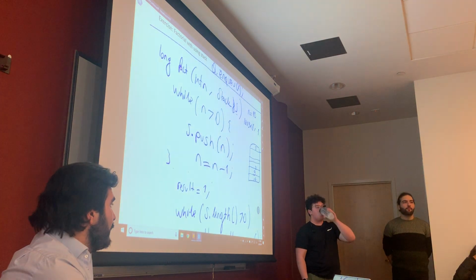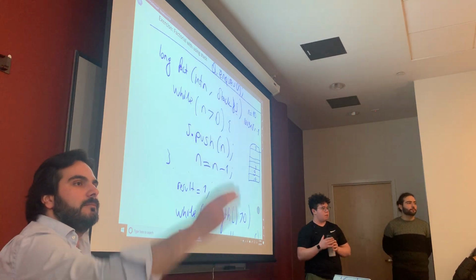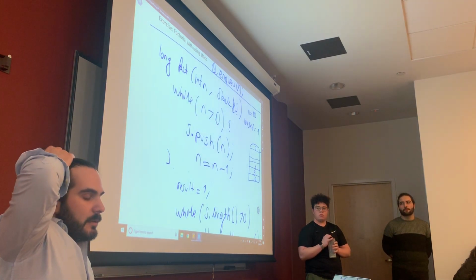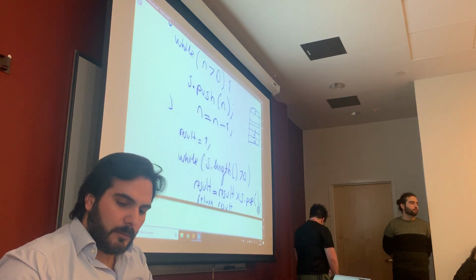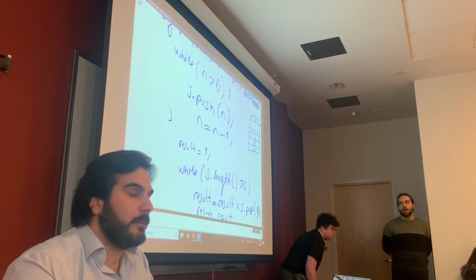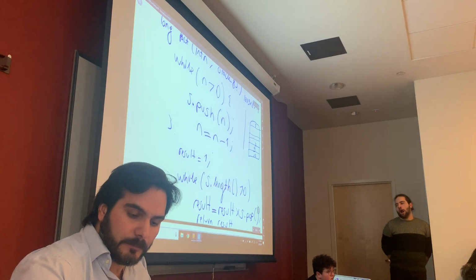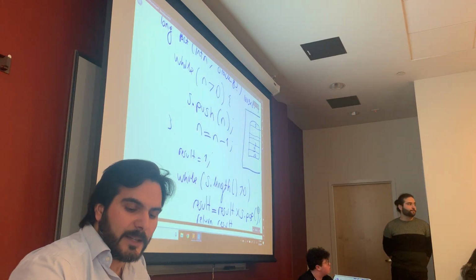Explain the second while loop and what your technical goals are. Second while loop. So in the first while loop, we just assign all the elements here. You see, like 10, 9, 8.